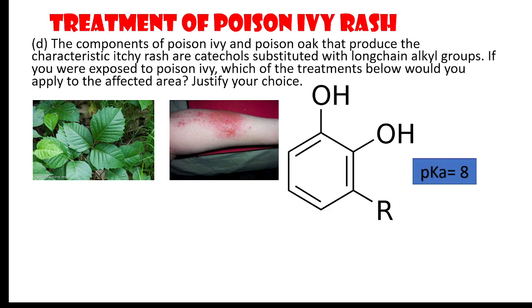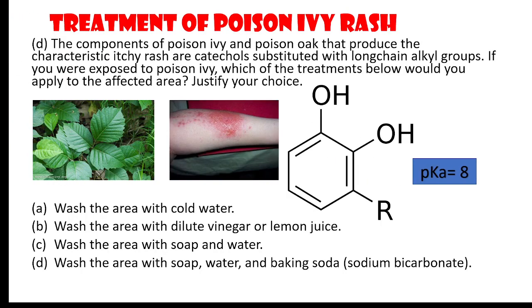We know that the components of poison ivy or poison oak tend to produce a characteristic itchy rash, which is because of the presence of catechols, which are substituted with long chain alkyl groups present in the waxy coat of these plants. If you are exposed to poison ivy, which of the treatments below would you apply to the affected area? Let us justify our choice, and the choices are as follows.